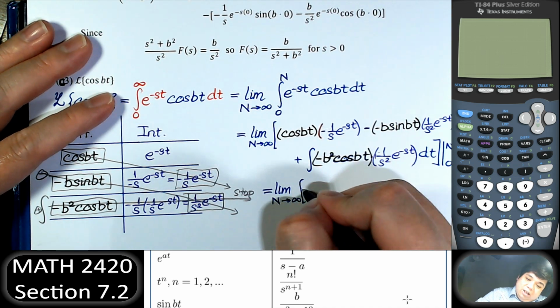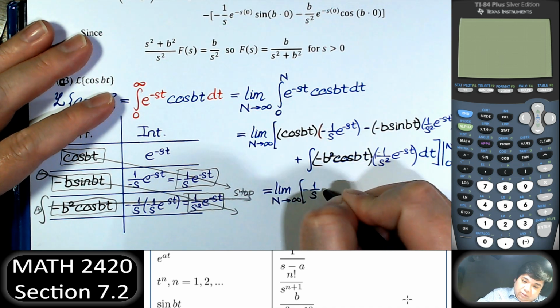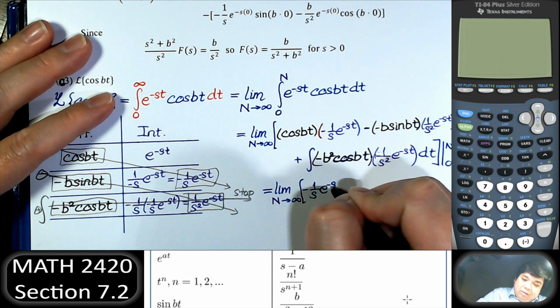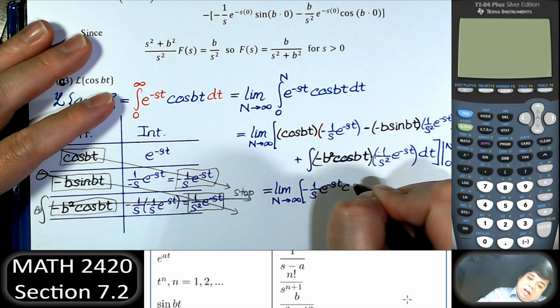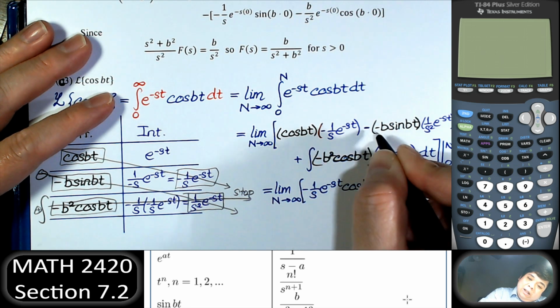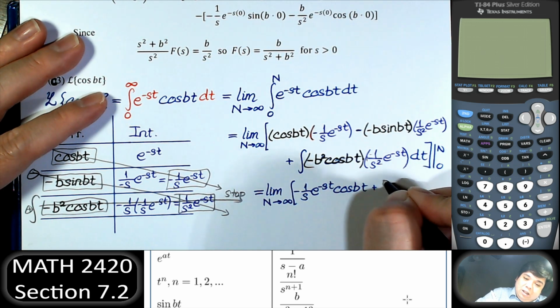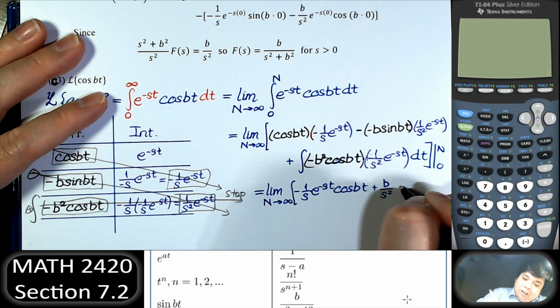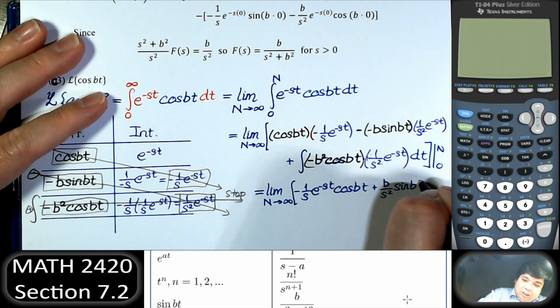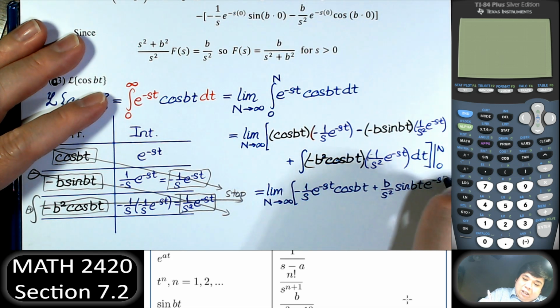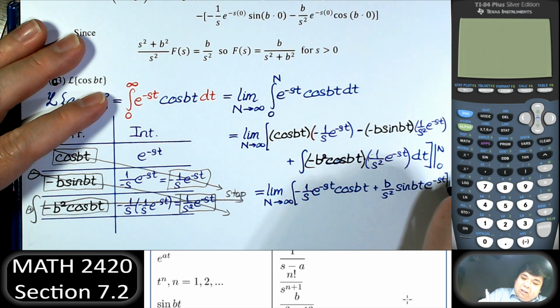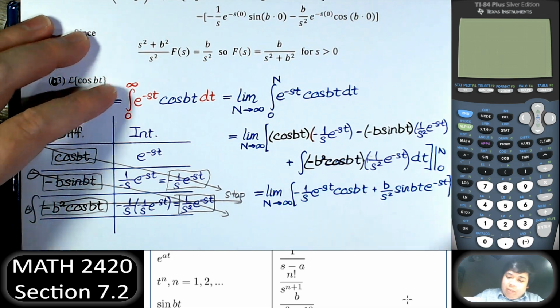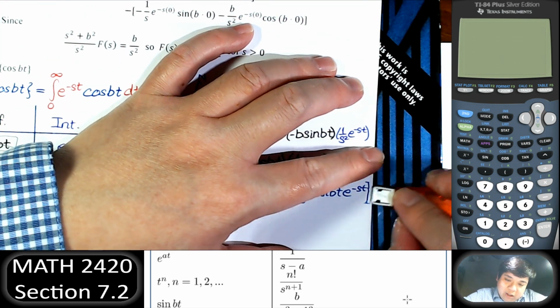Now this is just negative 1 over s e to negative st cosine bt, negative negative, that plus b over s squared sine bt e to negative st, because we continue on the integral.